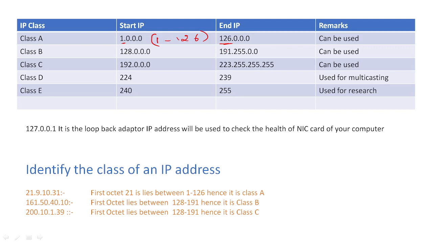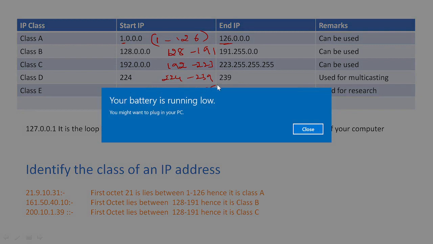Here also the same. 1 to 126 is class A. 128 to 191 is class B. And 192 to 223 is class C. Then 224 to 239 and 240 to 255. This is the IP range actually. So basically this is the classification.